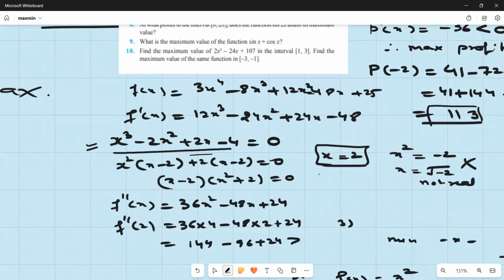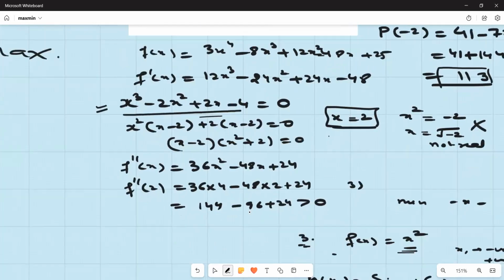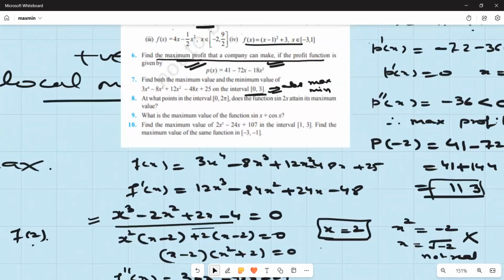So it is positive, hence minima. Put this 2 in f of 2 and find out the minimum value. Clear, बच्चे? Next.